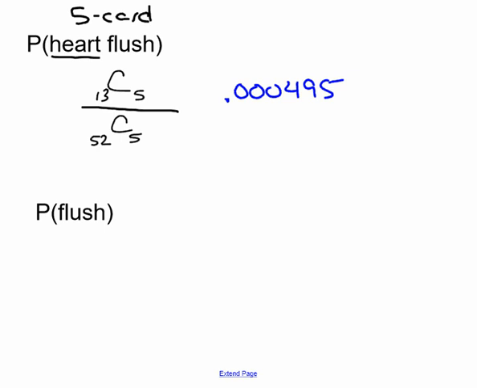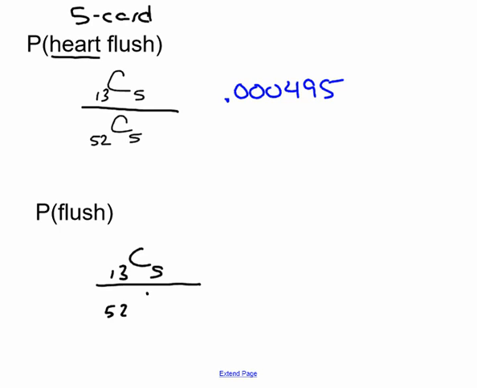Now, oftentimes when you're playing cards, it doesn't matter if you get a heart flush or a club flush or a spade flush or whatever. So we can find the probability of getting any flush pretty simply. Let's start with 13C5, if we want just hearts.